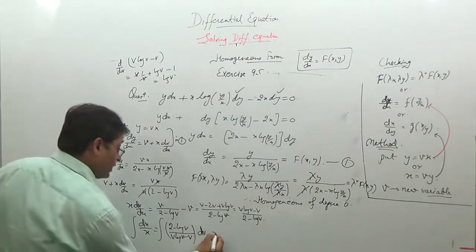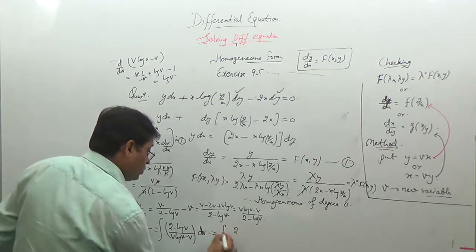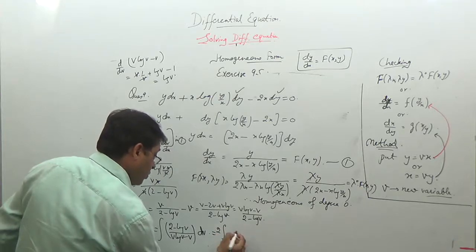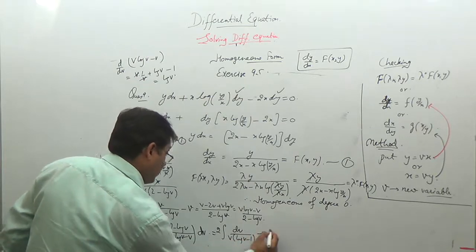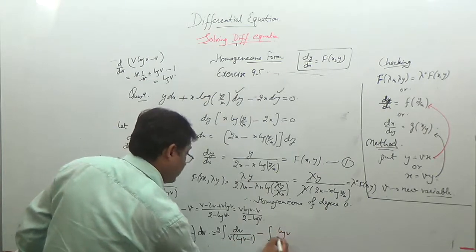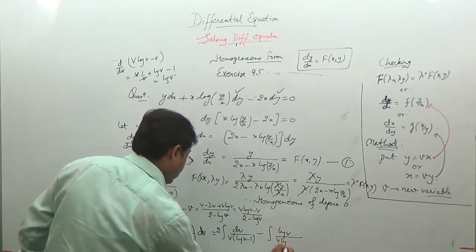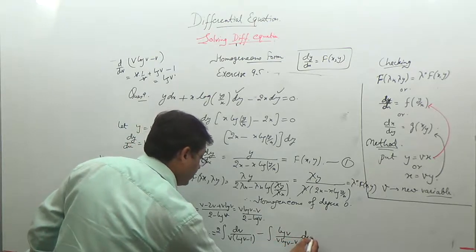This can be taken now as 2 can be taken out, dv upon v log v minus 1 minus integral log v upon v log of v minus v dv.